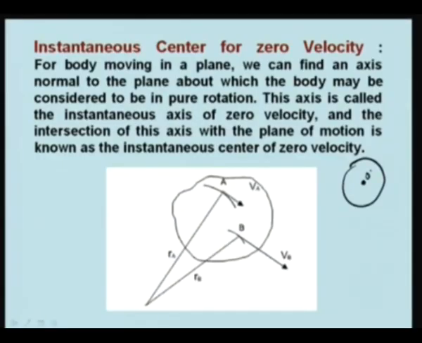If you know the instantaneous center of rotation of a body, you can find the velocity of any particle by multiplying the angular velocity of the body with the distance from the center of rotation, and the direction of the velocity will be perpendicular to the line joining the instantaneous center of the body with the particle at that time.